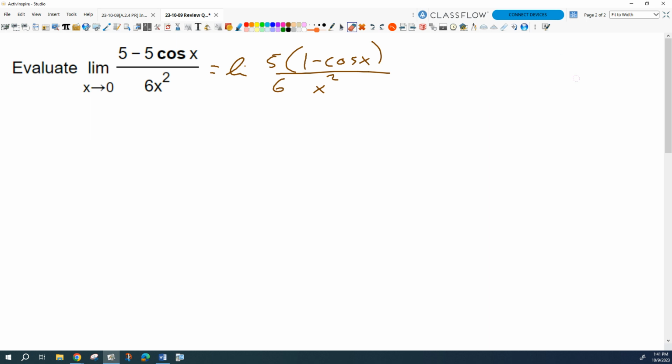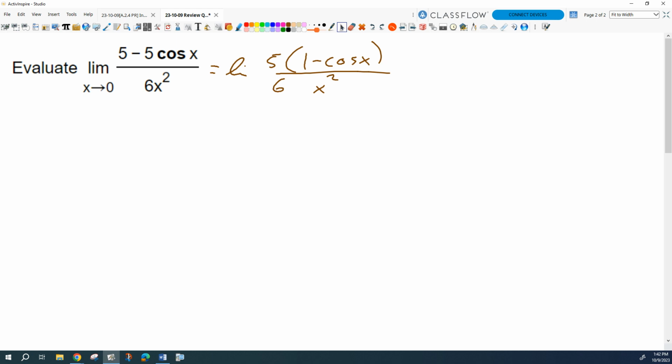Okay, so what do we do to get to that top piece? There's a trig identity here that's hidden. What's the trig identity? We want to get a sine x over an x here if possible. What can I do? When I see a 1 minus cosine x, I'm really thinking there's something I can do here that's always a good idea.